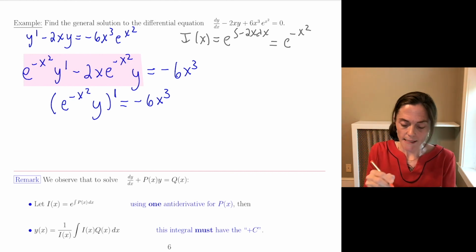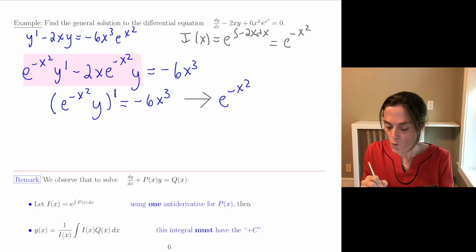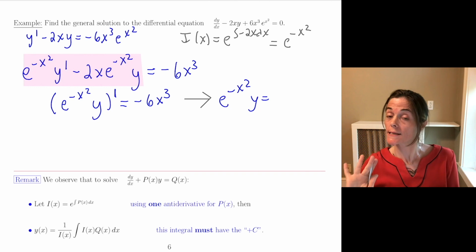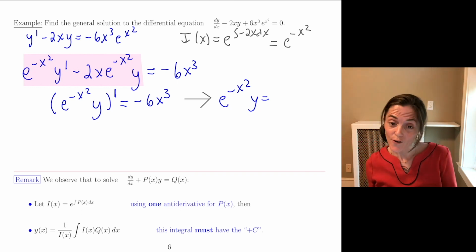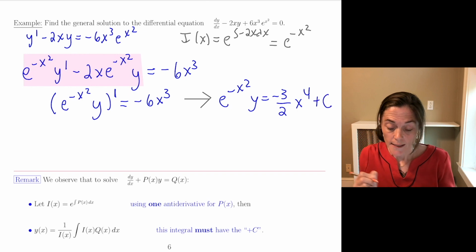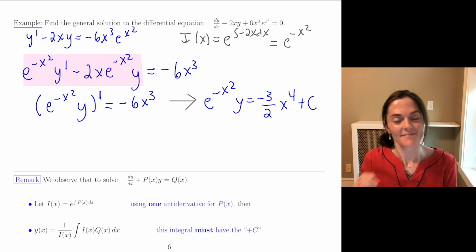Okay, so let's integrate. We have e to the minus x squared y equals, well, this is power rule. It will be minus 6x to the 4th over 4, or you could write it as minus 3 over 2 x to the 4th. Don't forget the plus c in this step, so plus c.